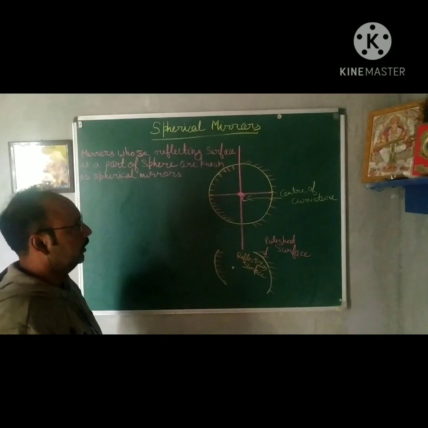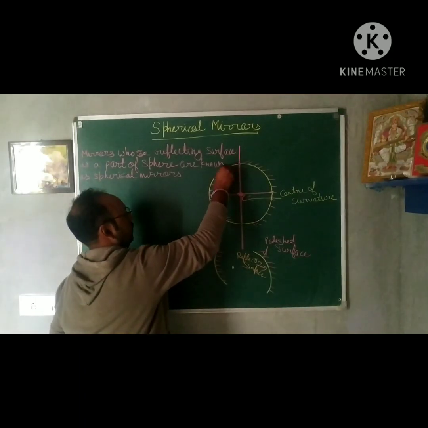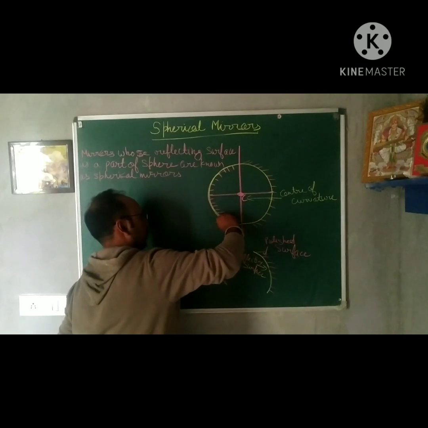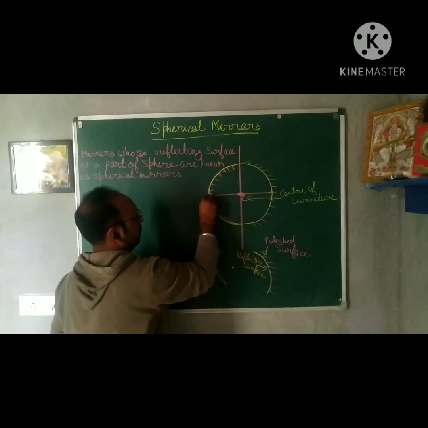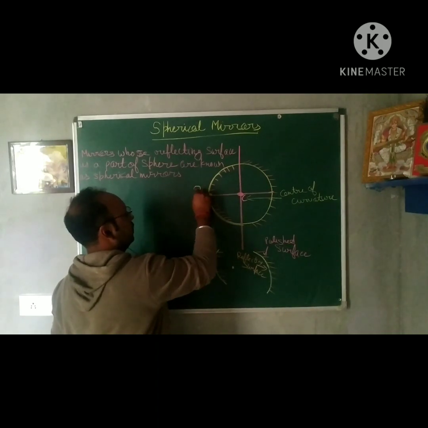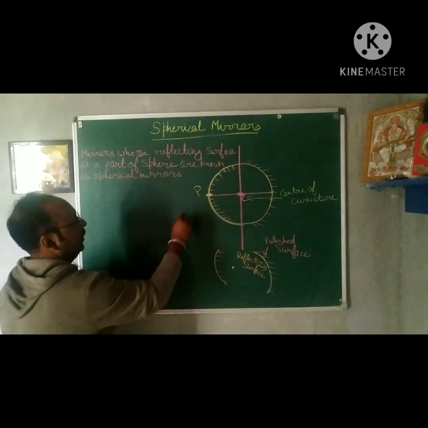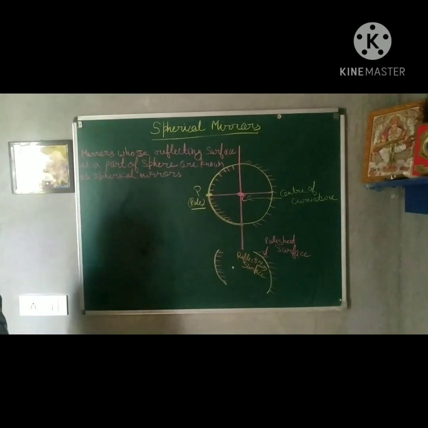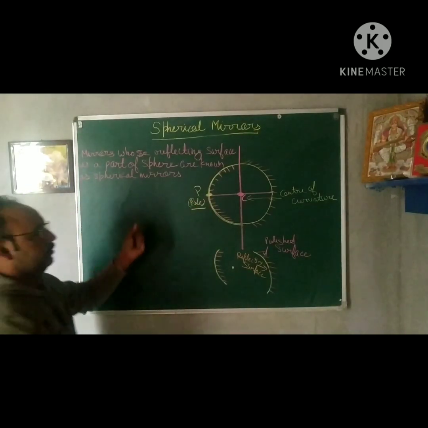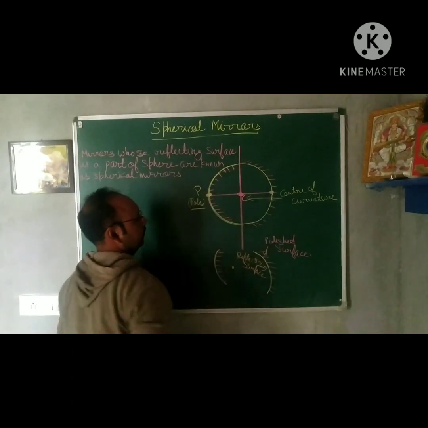One more quantity there. If I consider this curvature, the part of sphere I am using, there might be a center of this. Let it be here. That is denoted as P, and P is known as the pole, right? On both sides there will be one pole.